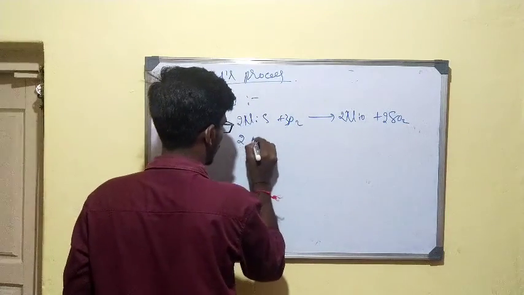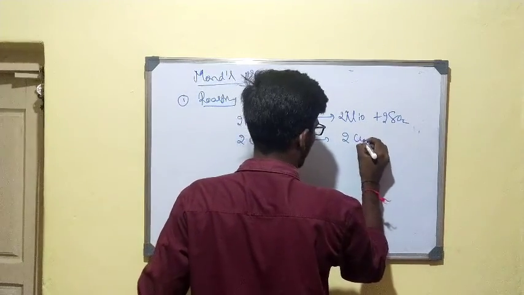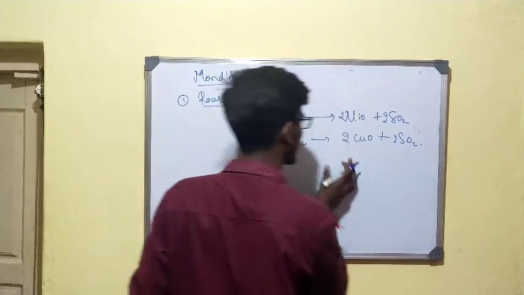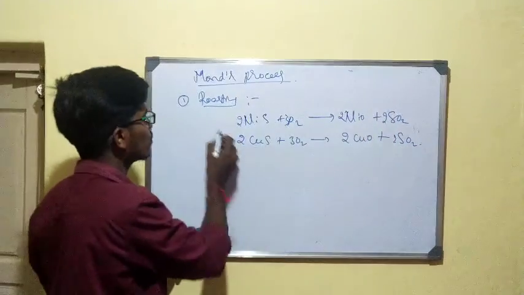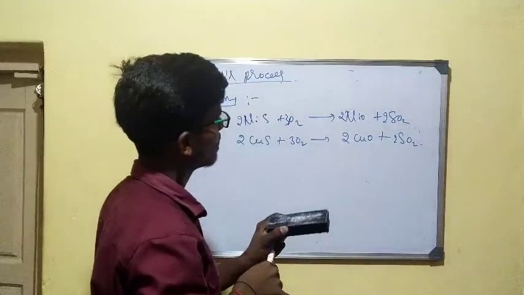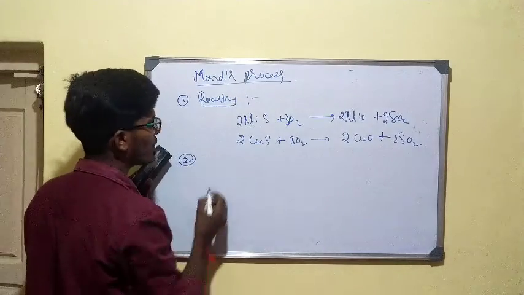And your copper sulfide combines with oxygen to form copper oxide plus SO2. This is the reaction you are going to observe in the roasting of Mond's process. After getting your respective oxides, you have a mixture of oxides. And the second step is leaching.